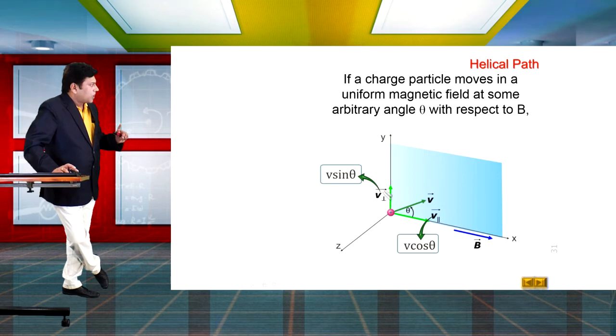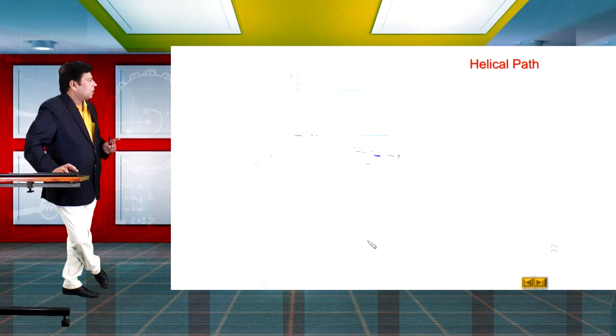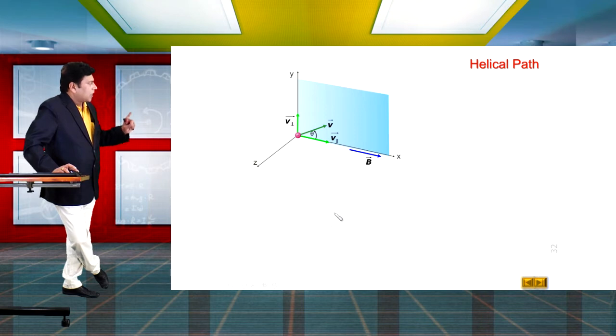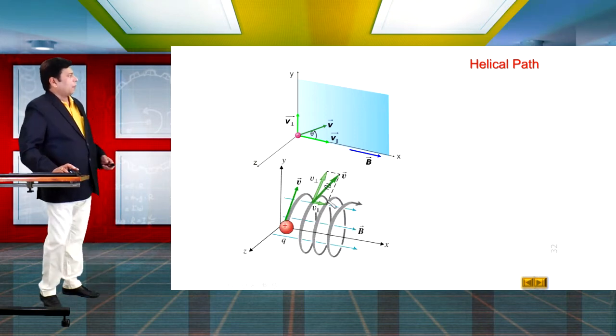Because of these components of the motion, v perpendicular and v parallel, the motion of the charged particle will not be circular, and it will be helical about the direction of the field, like this.